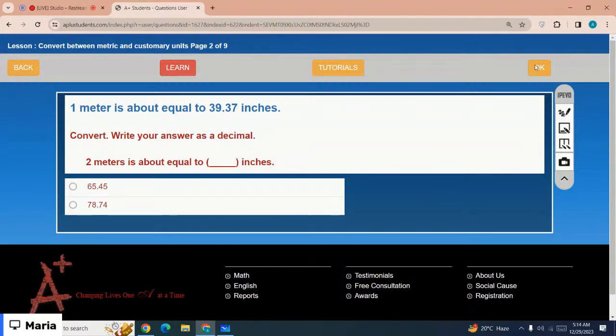Just multiply and see which is the correct option. The correct option is 78.74, right? The second one is the correct option.